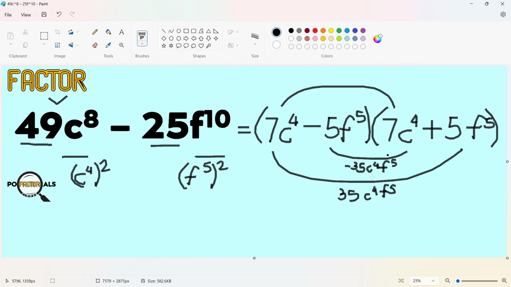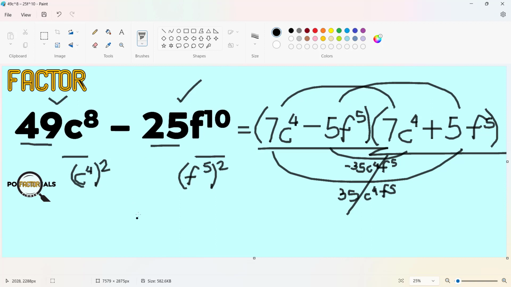In short, these two cancel out and become 0. And finally, for the last, negative 5 times positive 5 is negative 25, and f to the power of 5 times f to the power of 5, adding the exponents, is f to the power of 10. So this is also a check on whether our factors are correct. But since we're just looking for factors, these are the two factors for this given binomial, which is a difference of two squares.